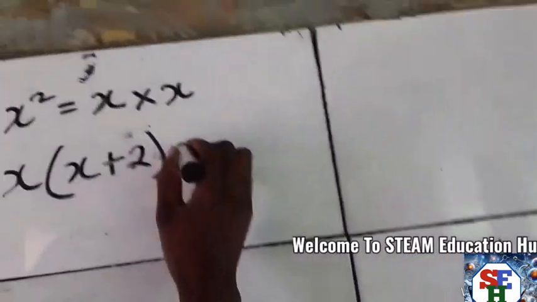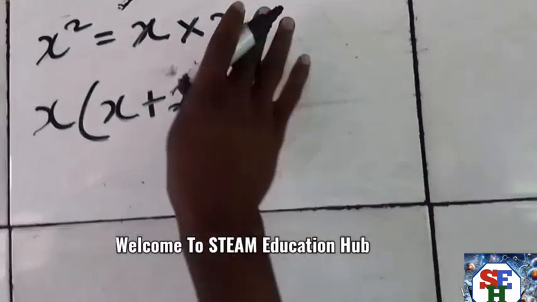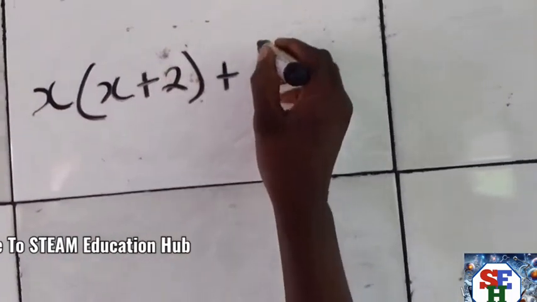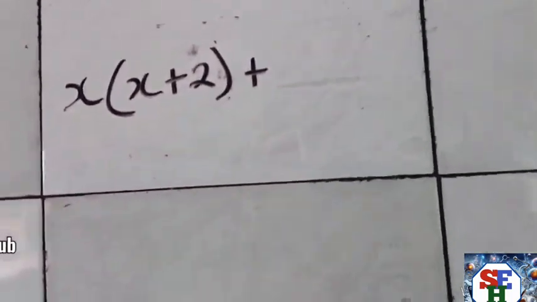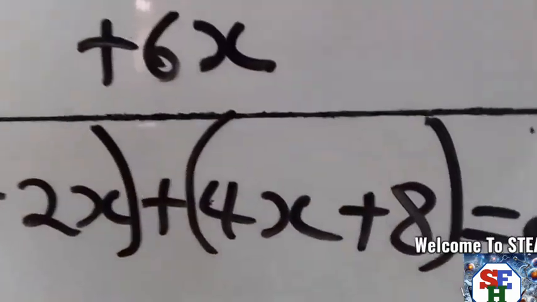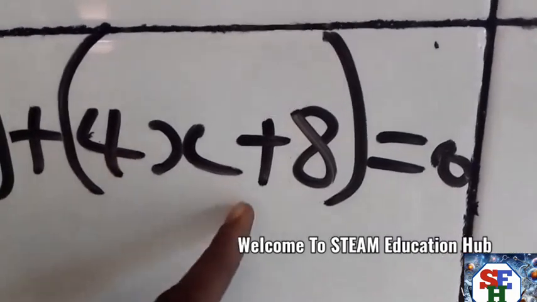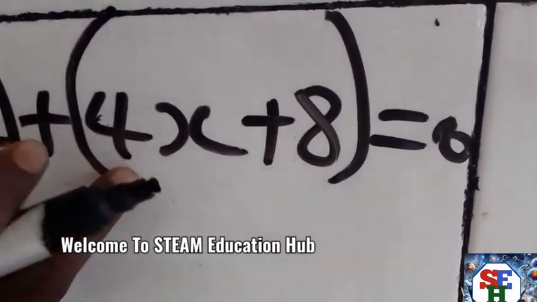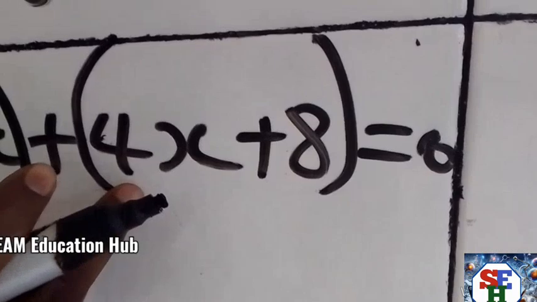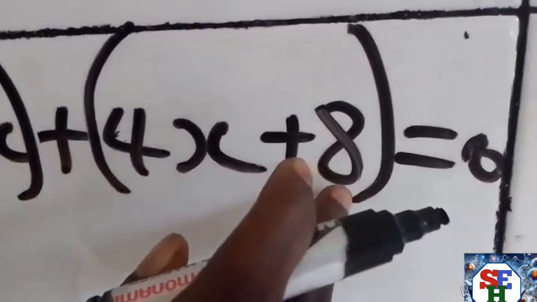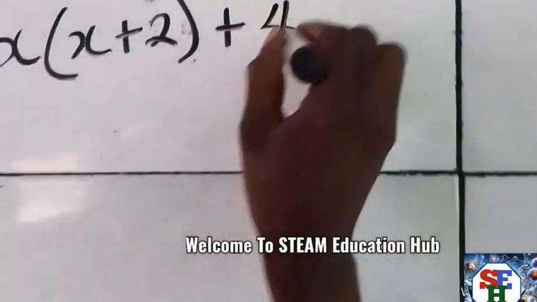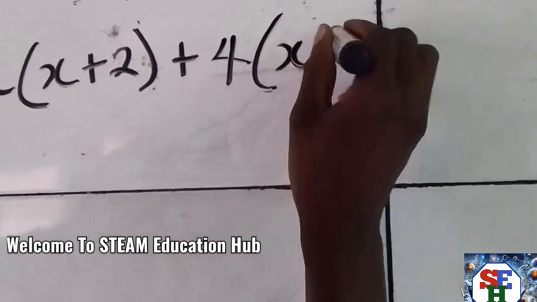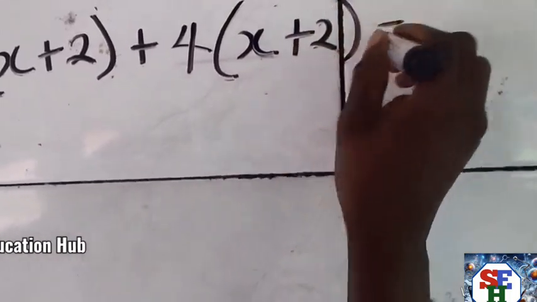Now, followed by plus, followed by what? If we consider this very well, we have 4x plus 8. Now, this 4 is a common factor here, because 4 can go into 4 and equally go into 8. So we'll factor out 4. So if we factor out 4, we have 4 into x plus 2 equals to 0.